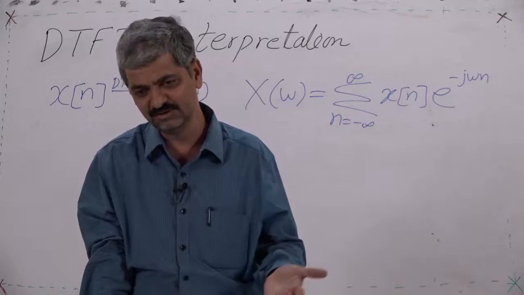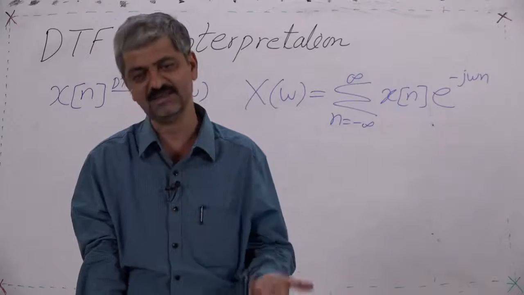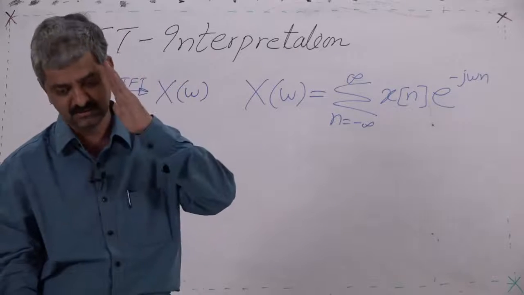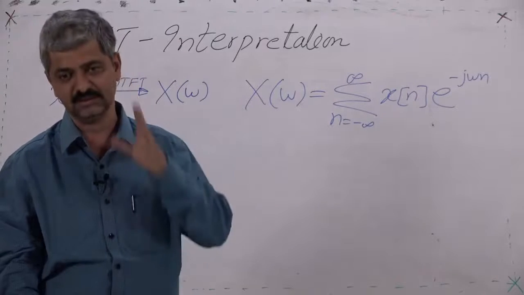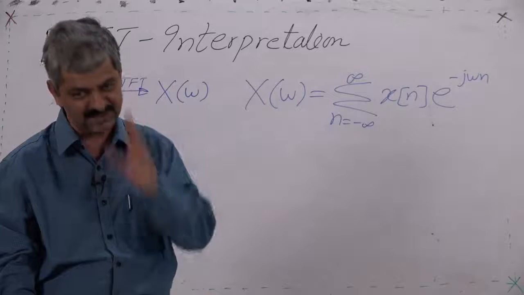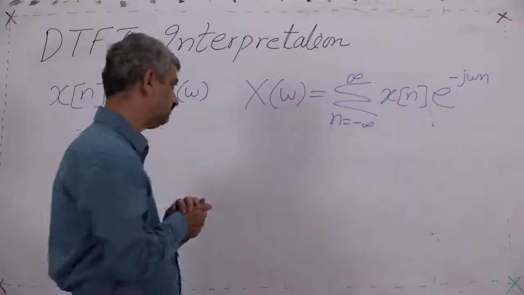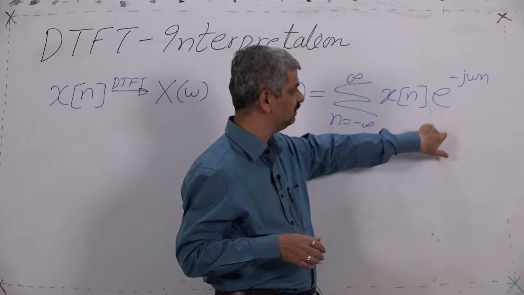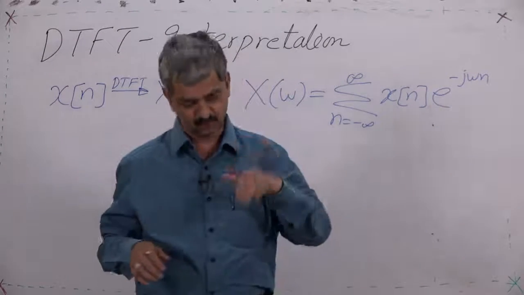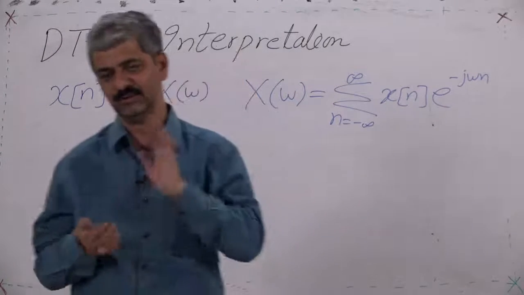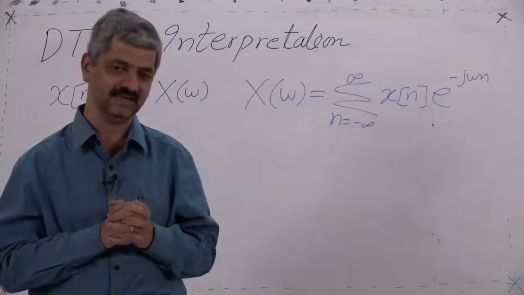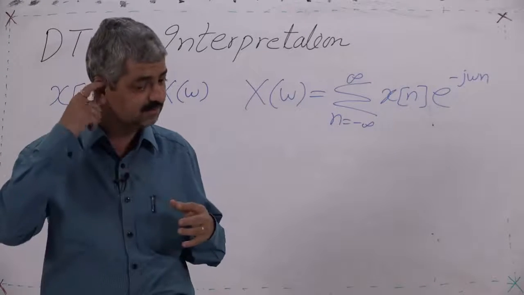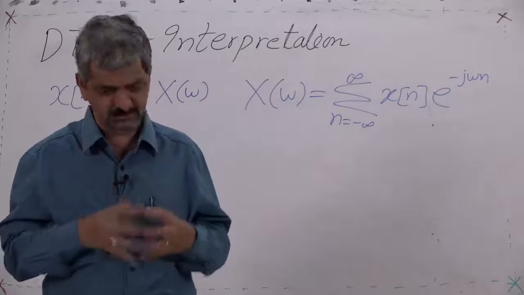You can read in the book, have some preparation, and pass the examination, but that is not our motto. Our motto is overall complete understanding to the finest level possible. This e raised to minus j omega n is considered as cosine omega n and sine omega n, an ordered pair combination, not a summation.